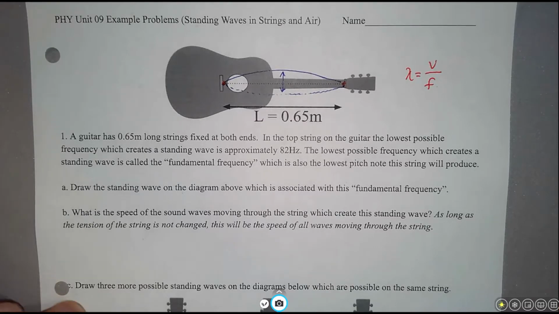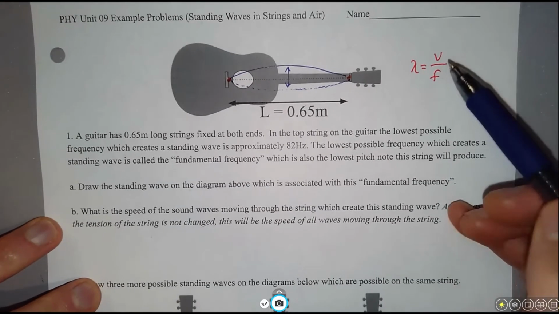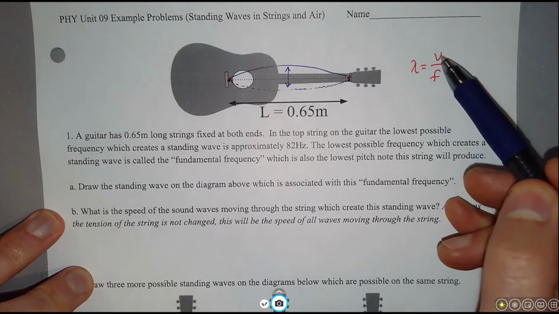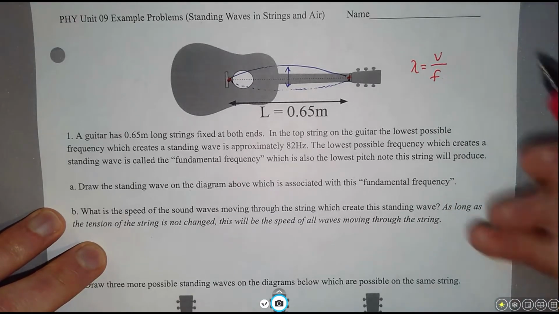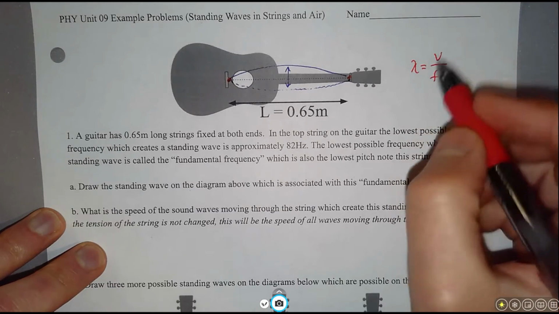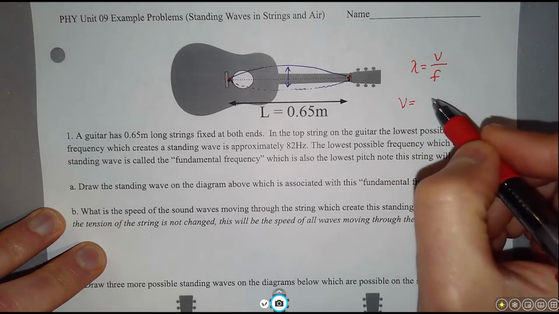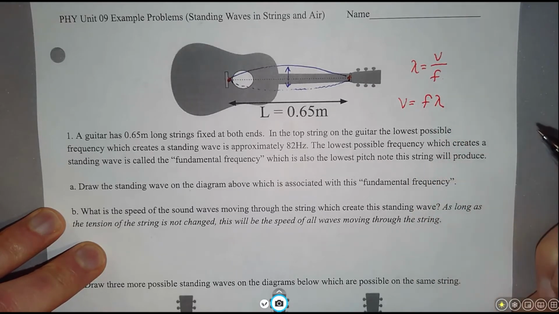So let's figure out what that is in meters per second. Well, if we go back to our equation up here, wavelength is equal to the wave speed divided by the frequency, or if we solve this for the velocity, we multiply each side by frequency, we get that the velocity of the waves, or the wave speed, is equal to frequency times wavelength, right?